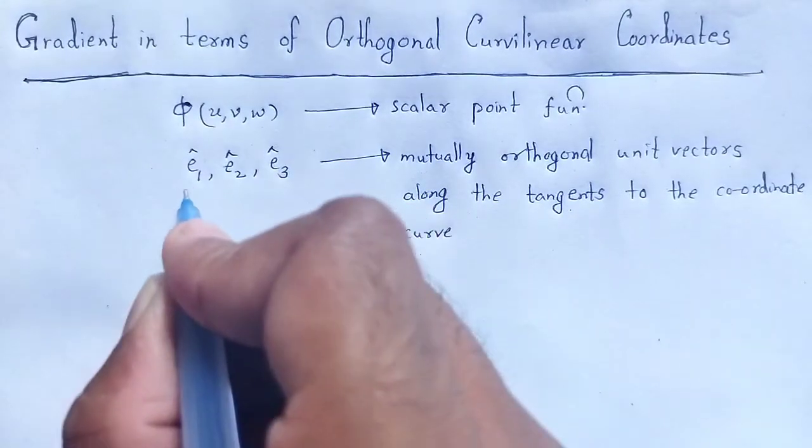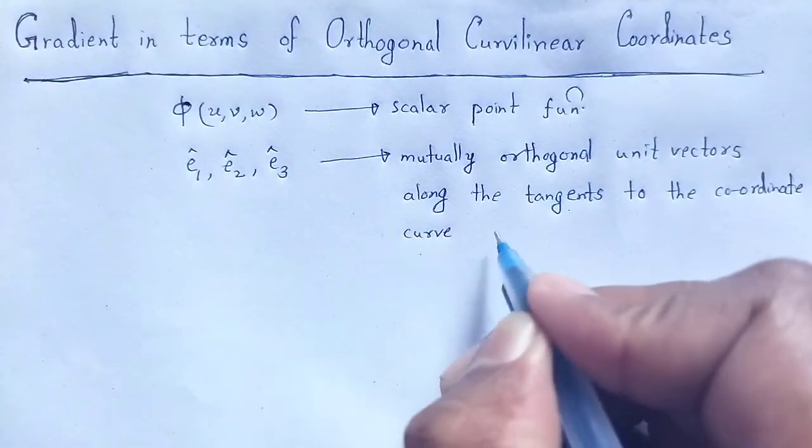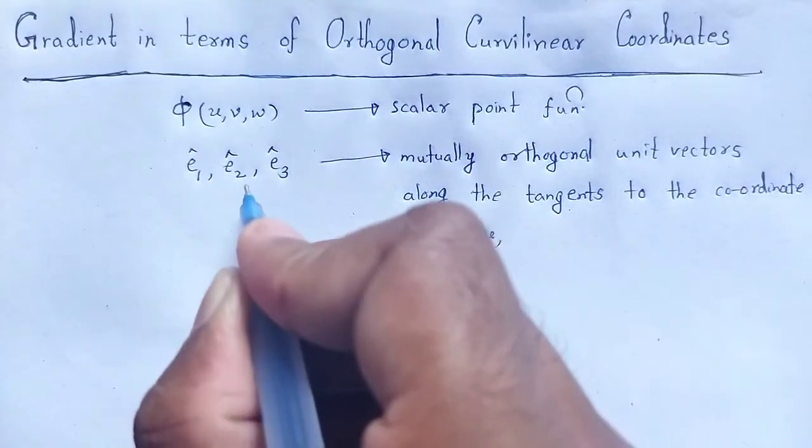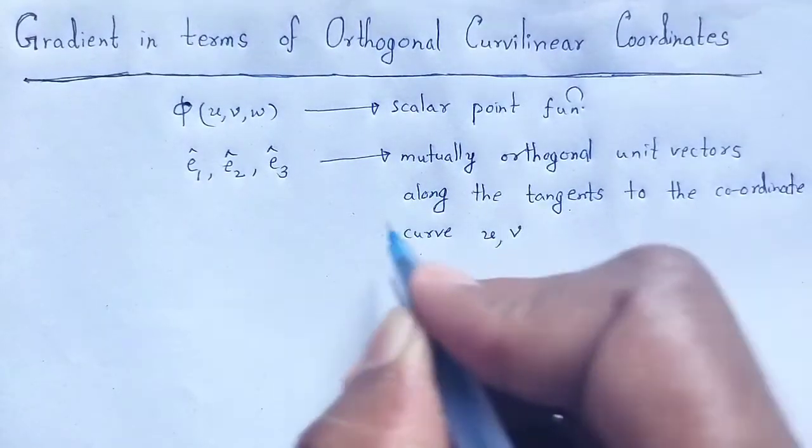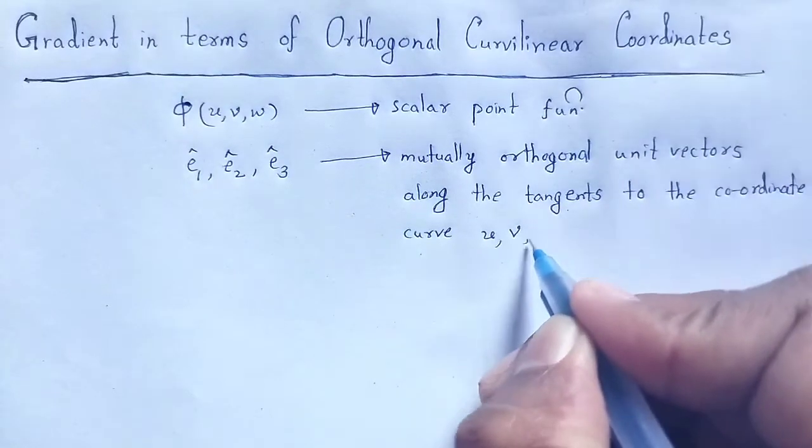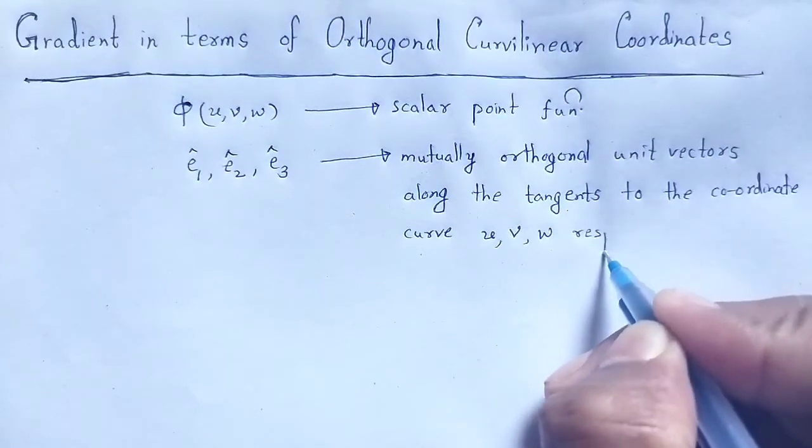What are the coordinate curves? For e1 cap, that is u, for e2 cap, that is v, and for e3 cap, that is w, respectively.